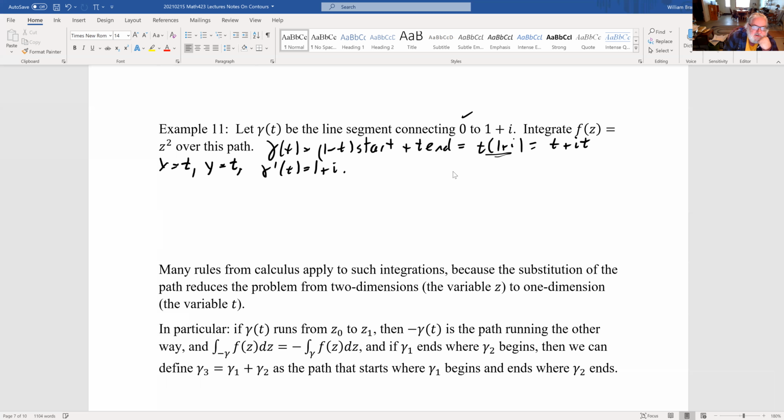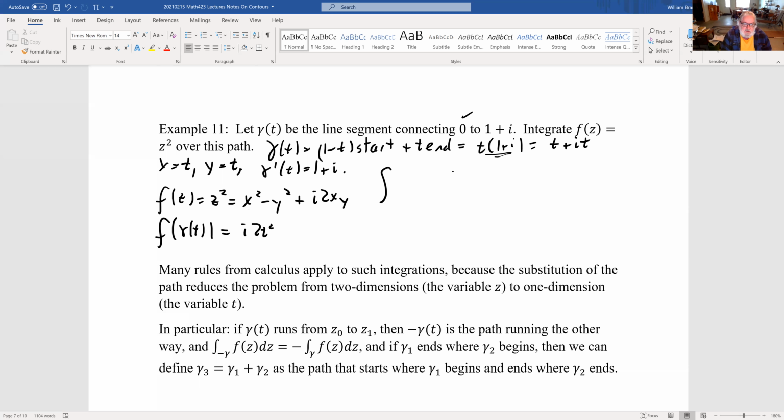Okay, that's information about gamma. f of z equals z squared. I need to know the real and imaginary parts of that: x squared minus y squared plus i times 2xy. So along the path, f of gamma of t, what do we have? Plug in t for x, t for y, you get 0 here, and then you have i times 2t squared.